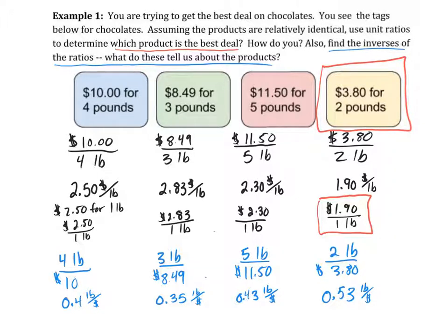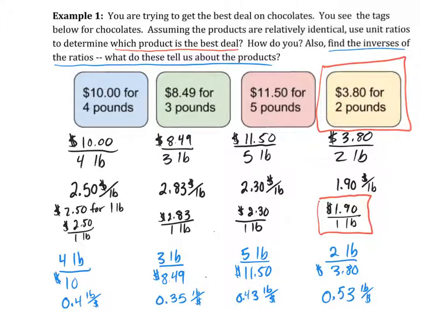This tells us the number of pounds we get for each dollar we spend. So we get 0.4 pounds for every $1, 0.35 pounds of the green candy for each dollar, 0.43 pounds of the red candy for each dollar, and finally, the best deal is 0.53 pounds for each dollar.